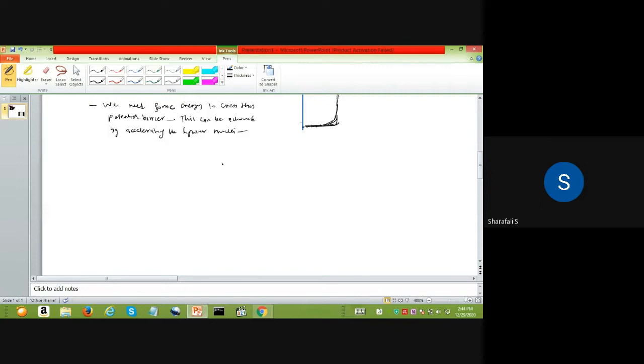So in accelerators we can increase the energy of these lighter nuclei, and when they have enough energy, if they come very close to each other, they can combine and form this fusion reaction, because that accelerator provides enough energy to cross this potential barrier.